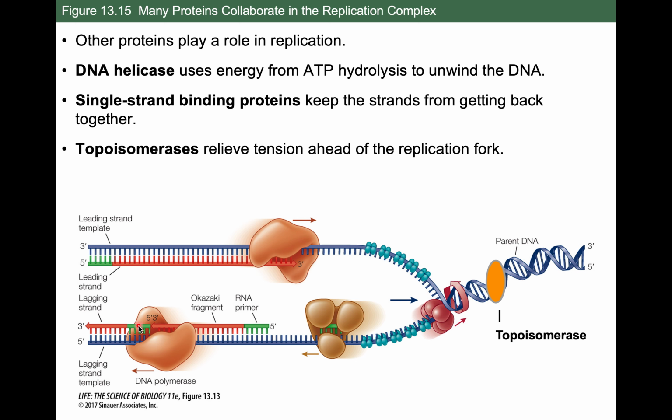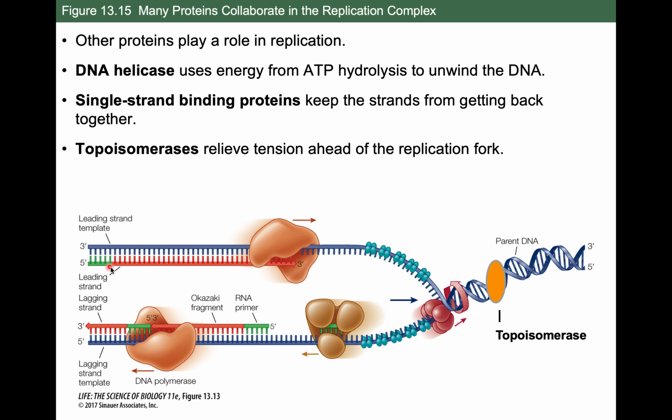And as we just discussed on the last slide, after that primer's made, DNA polymerase comes in and will bind to both of these primers. When it binds to the primer on the top, it starts adding DNA nucleotides to the 3' end, and it's just going to move off to the right, reading that template DNA base for base as it goes.